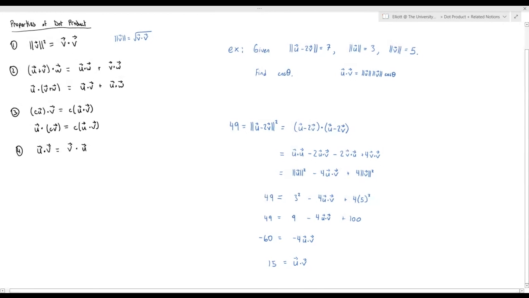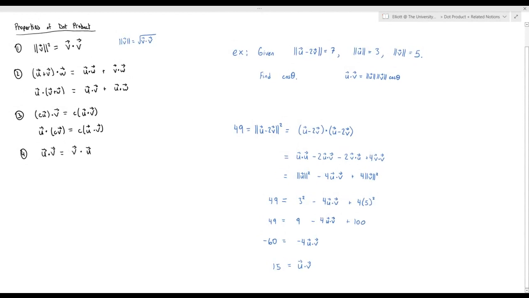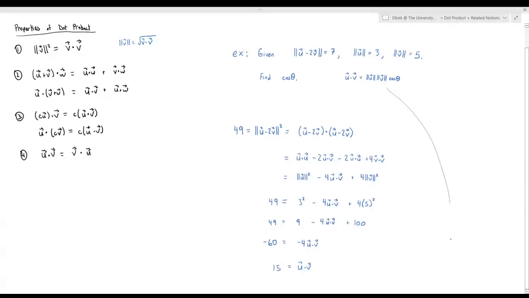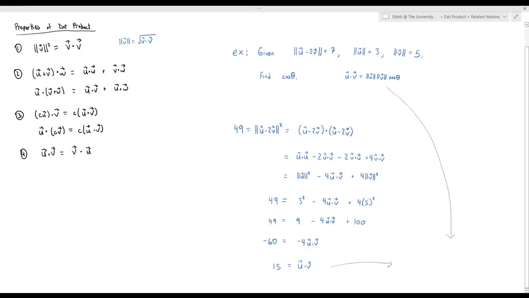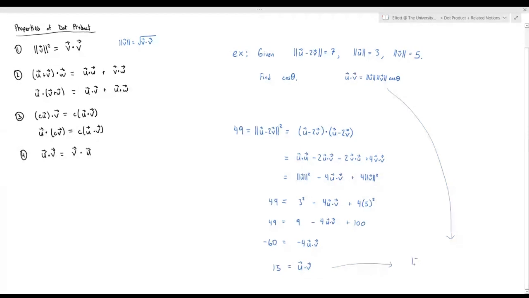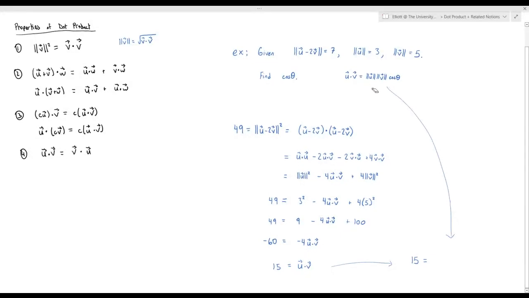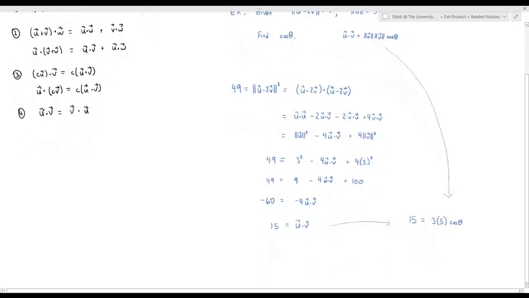So with u dot v equal to positive 15, the question was ultimately looking for cosine theta. We had this equation that we could use to solve for cosine theta, but we needed to know the dot product first in order to use it. Now we know u dot v was 15, the norm of u is 3, and the norm of v is 5, times cosine theta.